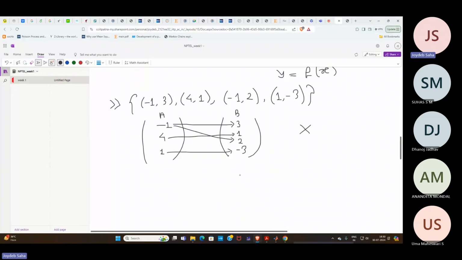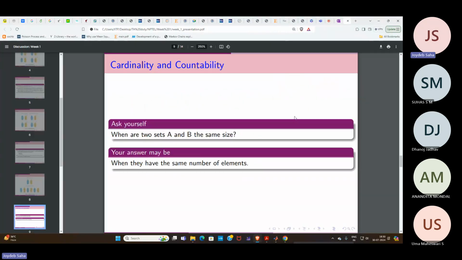So function, you understand now? Now come to the question I asked earlier. There are two sets, set A and set B. When do we call set A and set B both the same size?